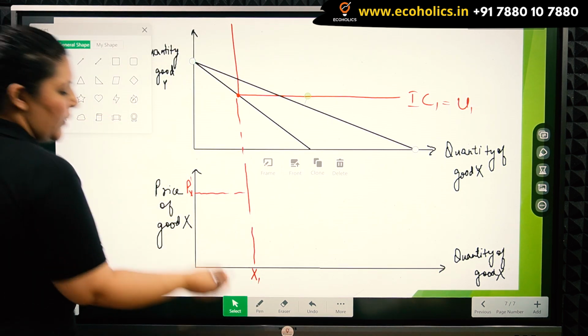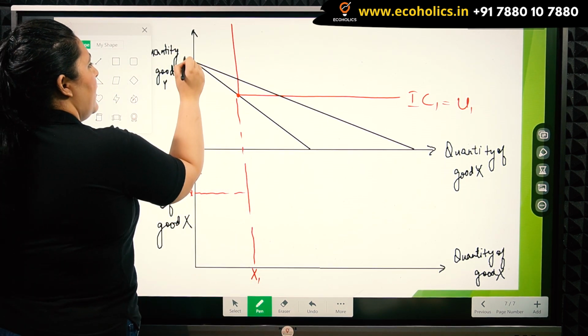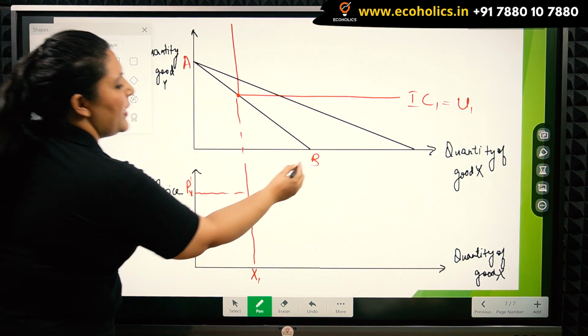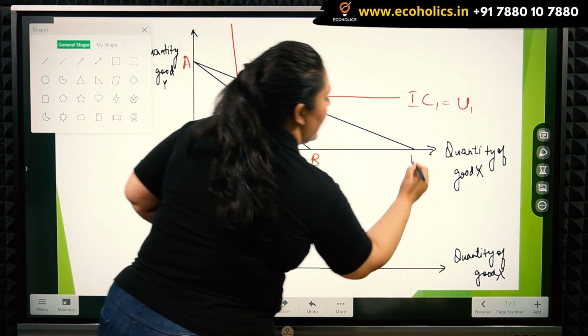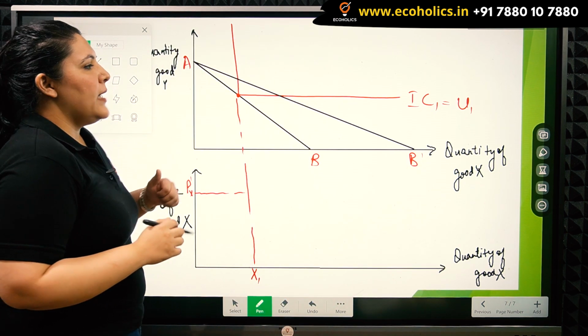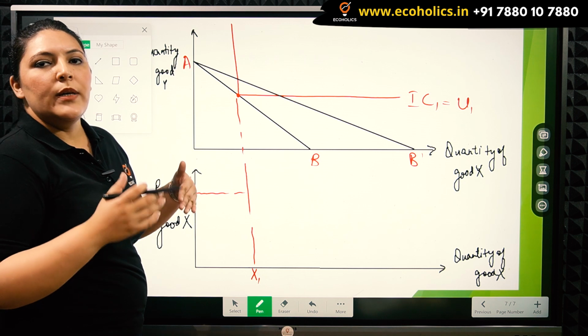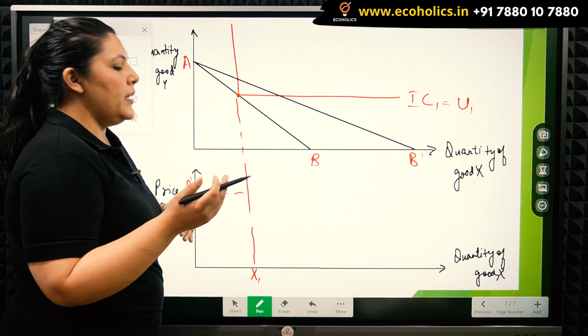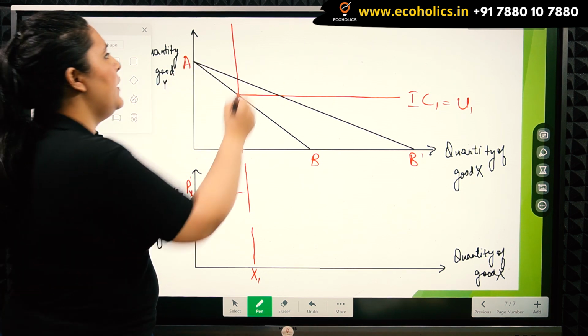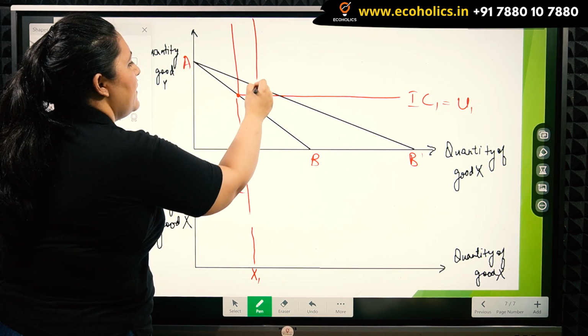let us also do some quick markings. AB is the original price line, AB dash is the new price line. At this new price line, the consumer reaches a higher level of utility, shown by an indifference curve parallel to the original IC1.